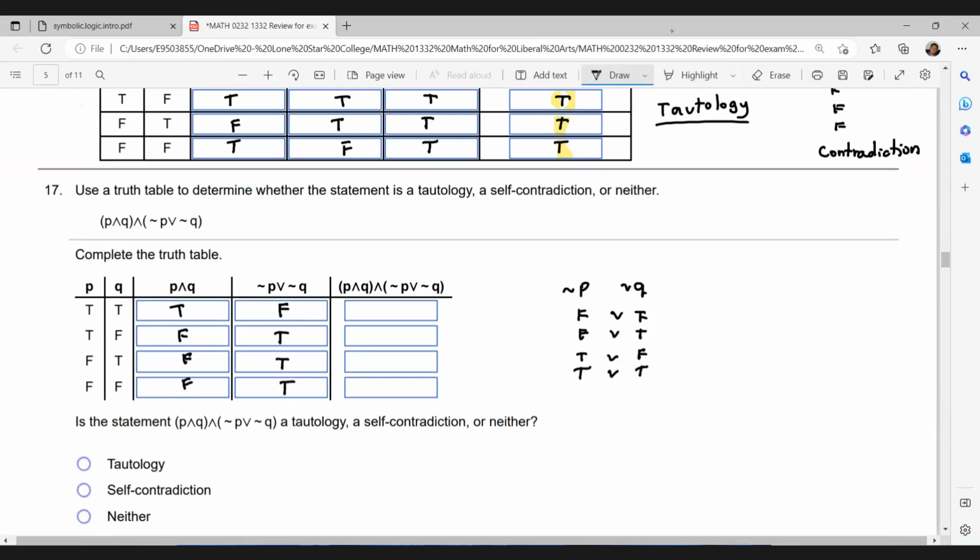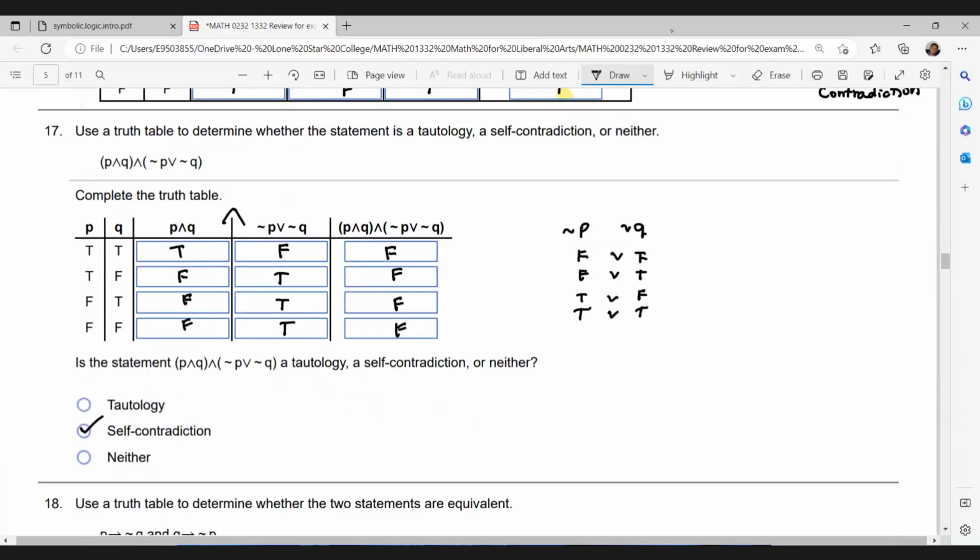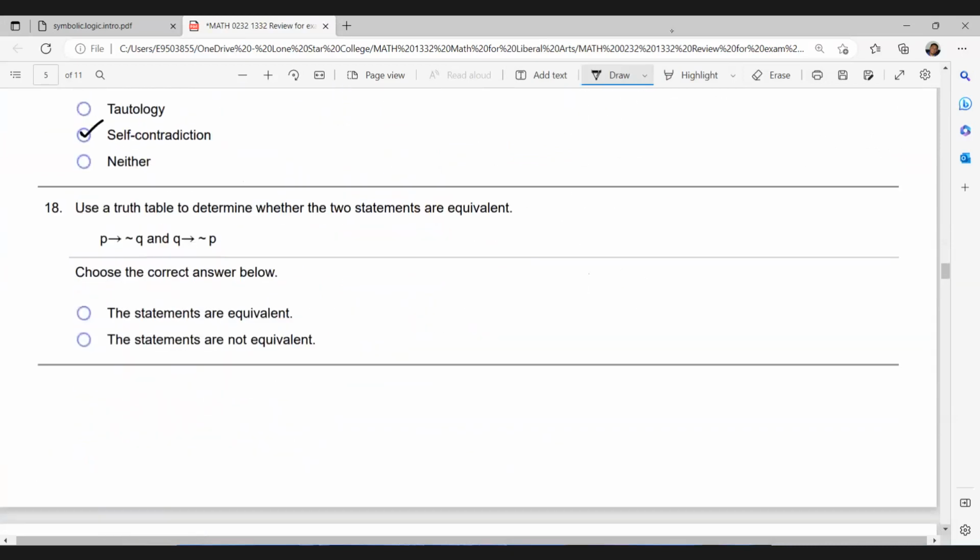And then they want us to connect this with that using an and. So that will be false, false, false, false, which happens to be a self-contradiction. They should have given us these columns, but it is what it is. I did that on the side and it still worked out.